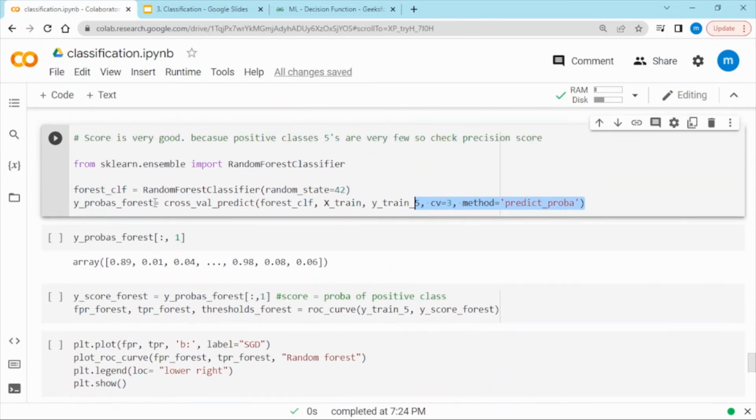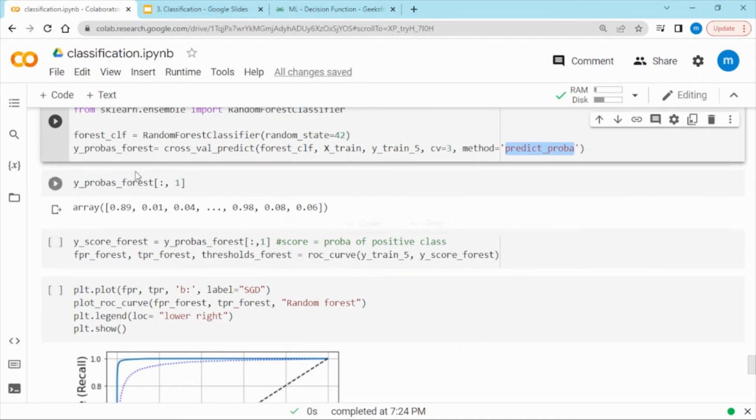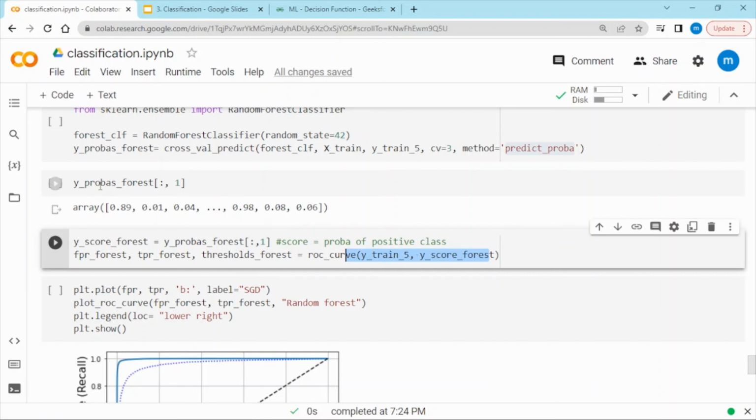Now remember, in the SVC or any other linear type of model we use the method decision function, but to calculate the score here we are using the method called predict probability. We can't use decision function. So instead of decision function here we are using predict probability, and then we are passing those probabilities to my ROC score.